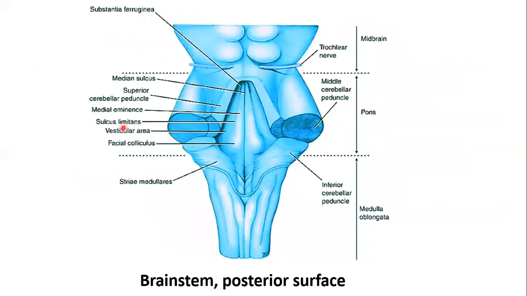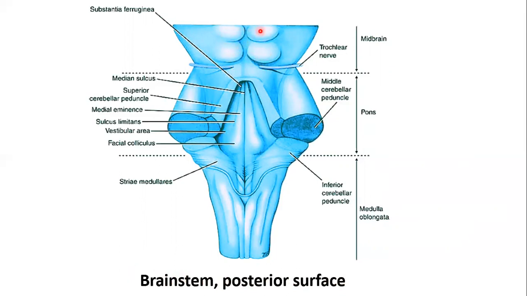Now, we studied the anterior aspect, external features, and very briefly the brainstem in its dorsal or posterior surface, right? On the posterior surface you have the superior colliculi, two, and inferior colliculi.